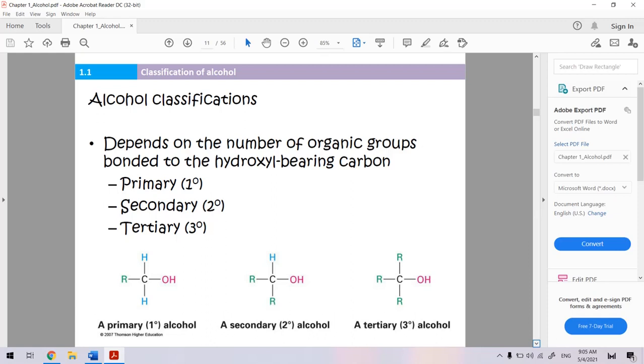And the tertiary alcohol, when the hydroxyl group is attached to a tertiary carbon, because this carbon is attached to 1, 2, and 3 alkyl groups.